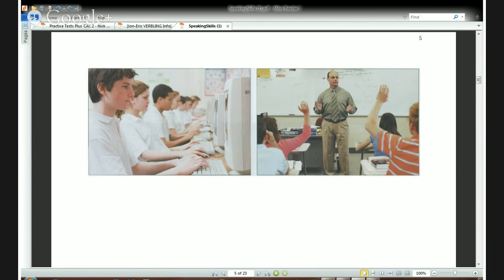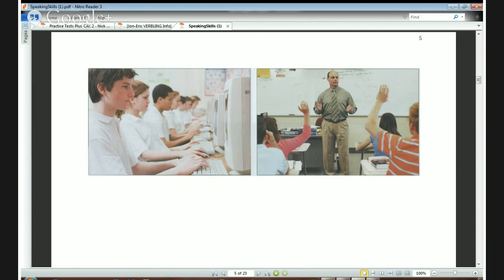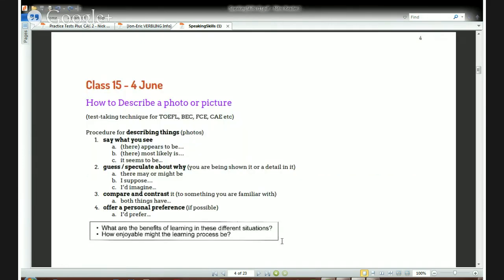Okay, great. So go back to those key expressions, and I want you to say exactly what you said using one of those key expressions in part 2. There may be, there might be, I suppose, I'd imagine. So, nowadays computers are a very important tool to get a job or even in our daily life.